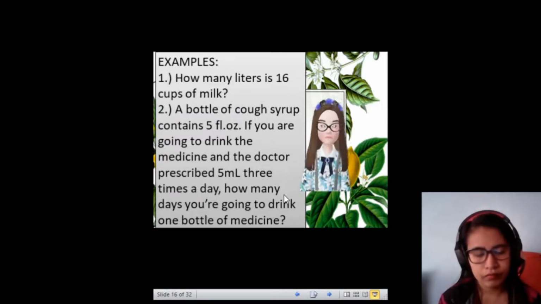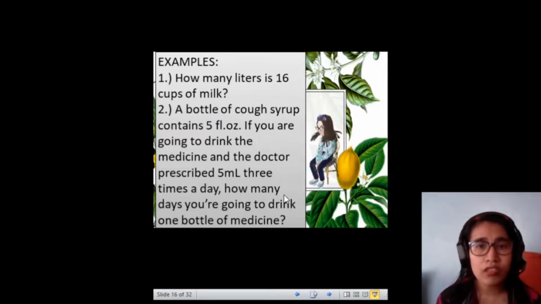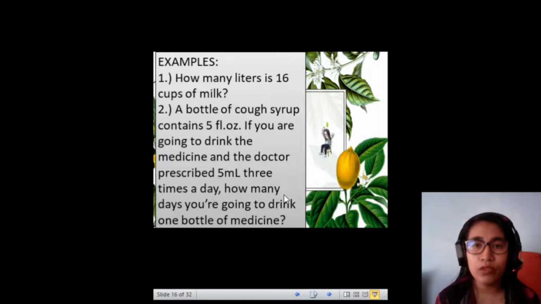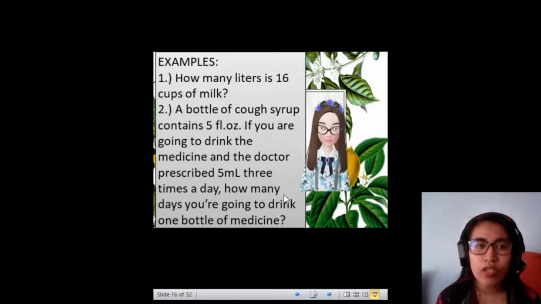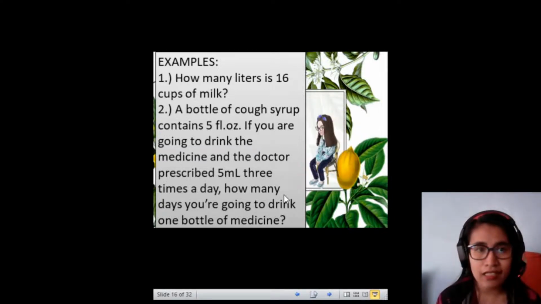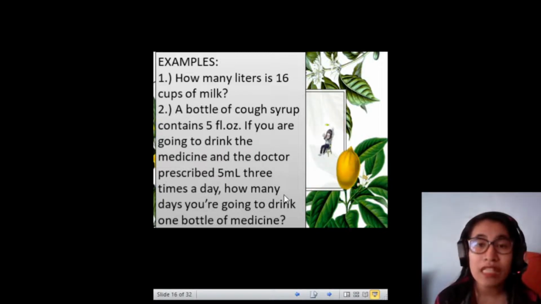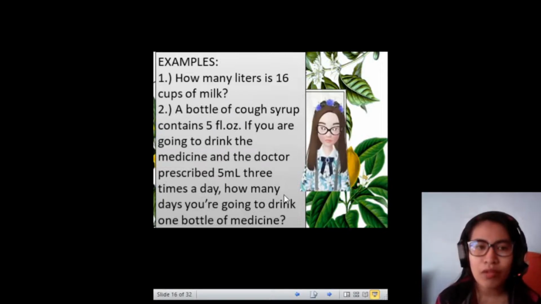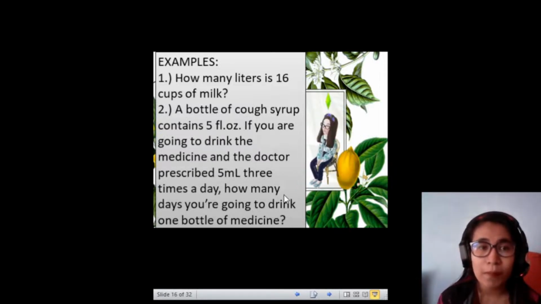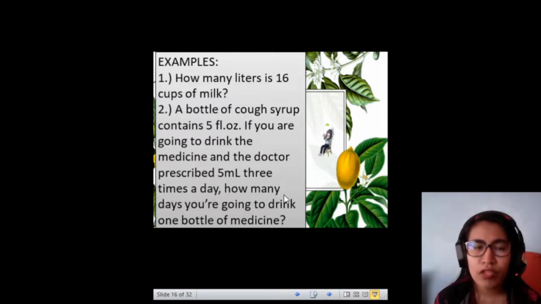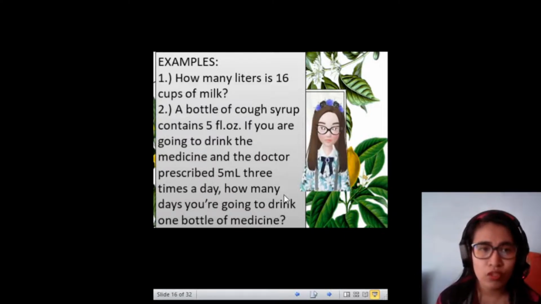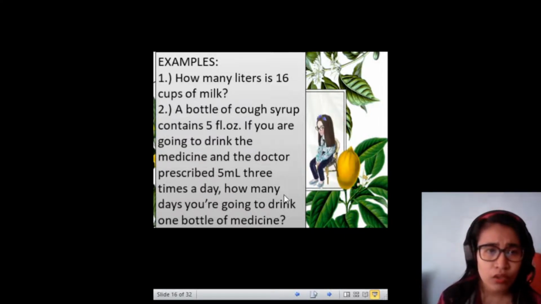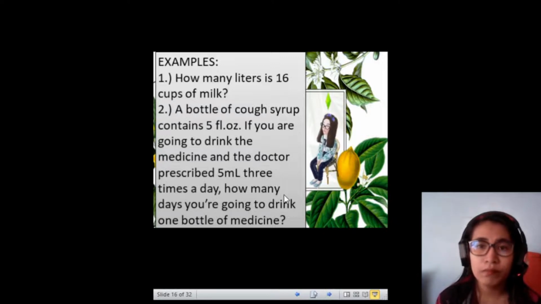Next, a bottle of cough syrup contains 5 fluid ounces. If you are going to drink the medicine and the doctor prescribed 5 milliliter 3 times a day, how many days are you going to drink 1 bottle of medicine? We have here 5 fluid ounces. But the doctor prescribed 5 milliliters.